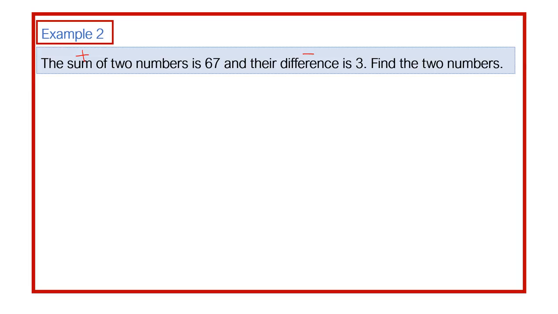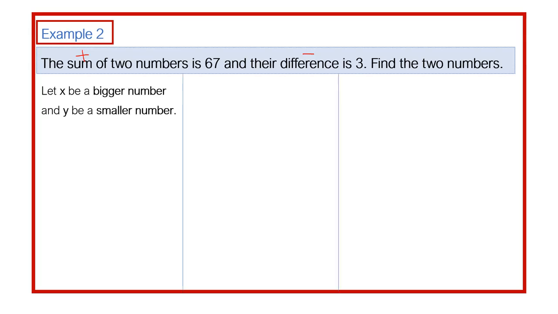So the difference means that we get the big number minus the small number, and the sum means that we get the big number plus the small number. Now let the big number be x. The bigger number, let it be x, and let the smaller number be y.